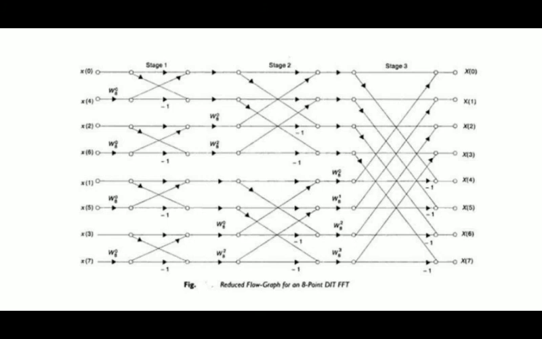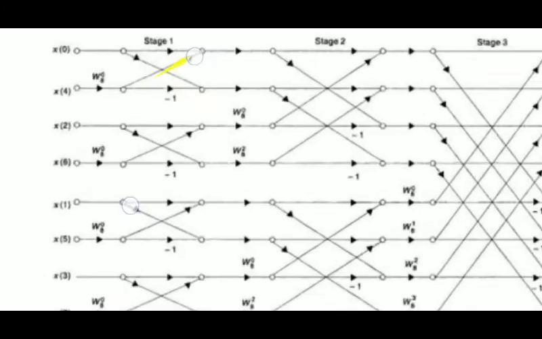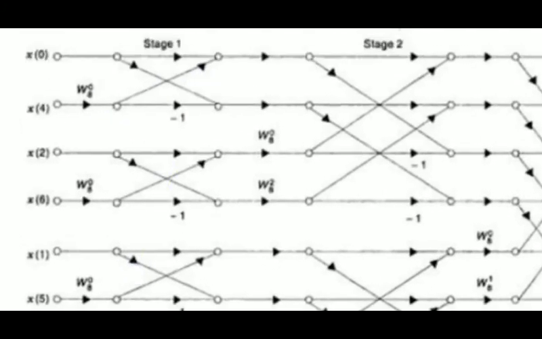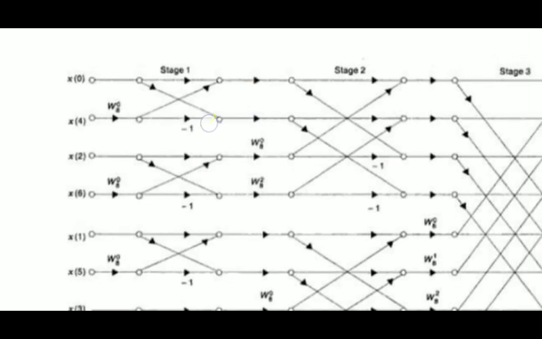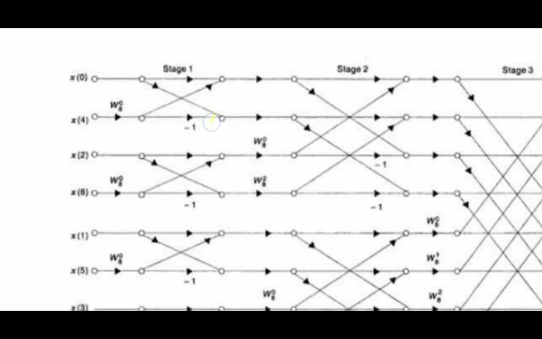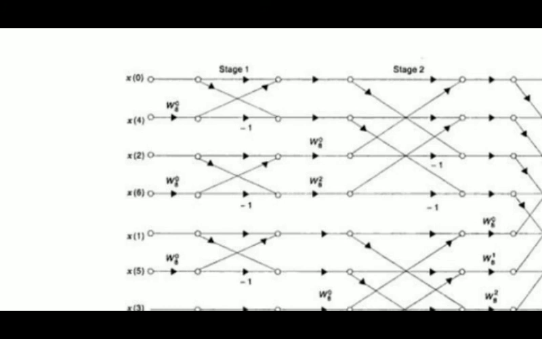Then suppose you want to compute the value here, it is nothing but x0 plus W4^0 times x4, and W4^0 is nothing but 1. So you get it here. And if you want to compute this point, it is nothing but x0 plus x4 multiplied by minus 1, like this.